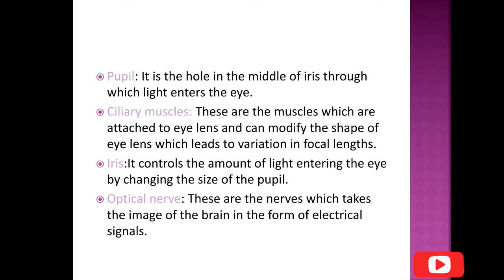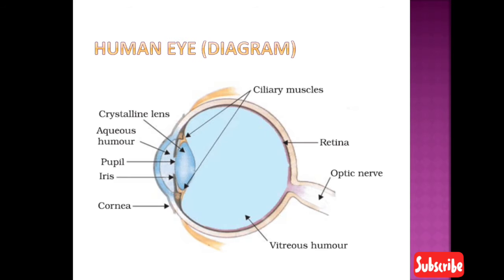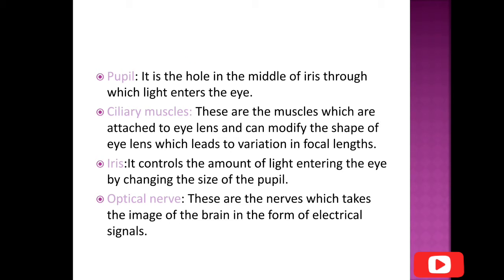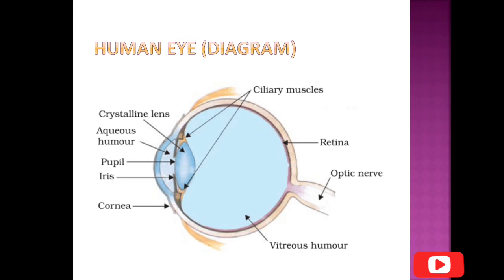The iris controls the amount of light entering the eye by changing the size of the pupil. So you can see here in the diagram, this is the iris. And next is the optic nerve. These are the nerves which take the image to the brain in the form of electrical signals. So you can see here in the diagram the optic nerve.